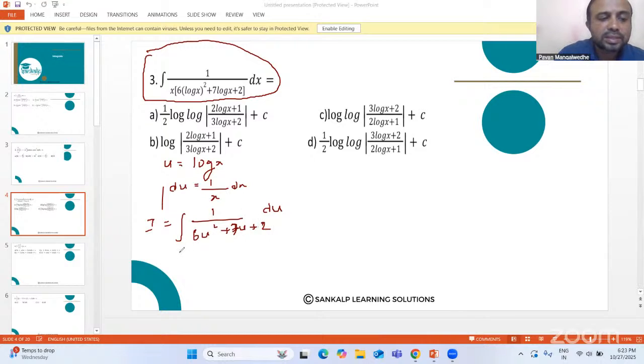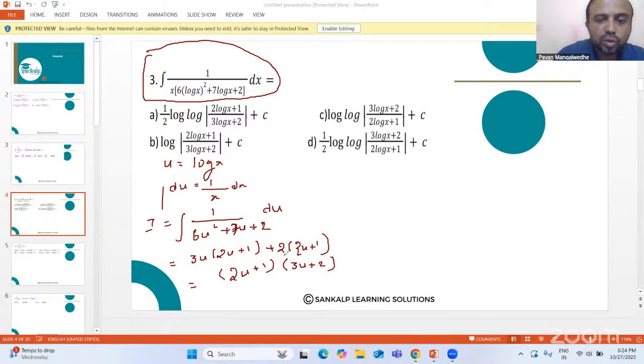It is a quadratic expression. Finding the roots of this, you will get 3u into bracket 2u plus 1 plus 2 into bracket 2u plus 1, then 2u plus 1 and 3u plus 2.